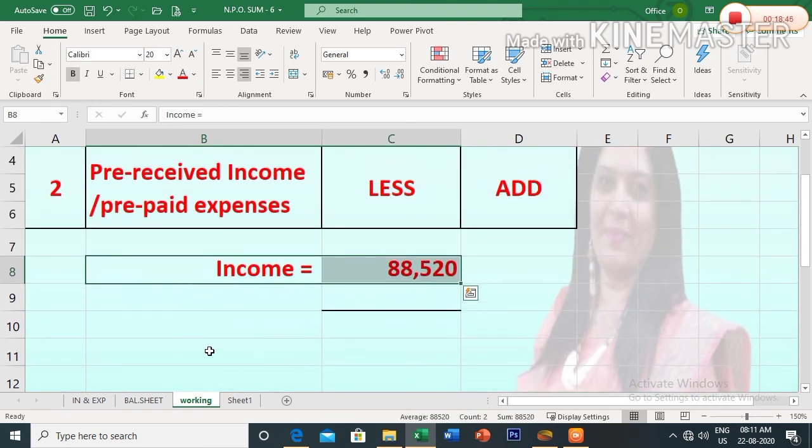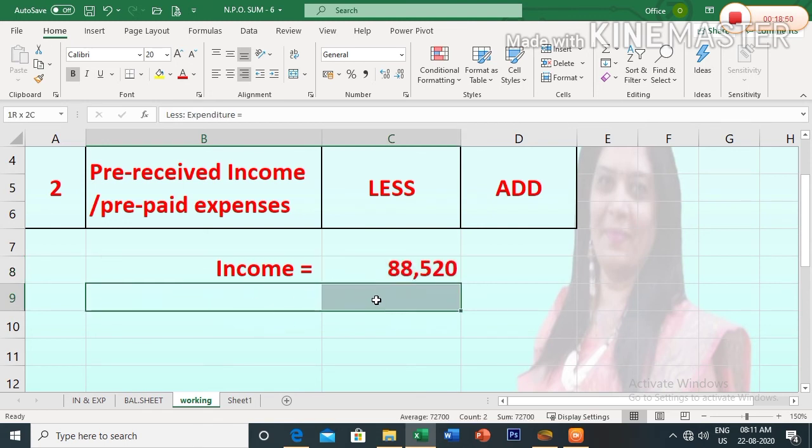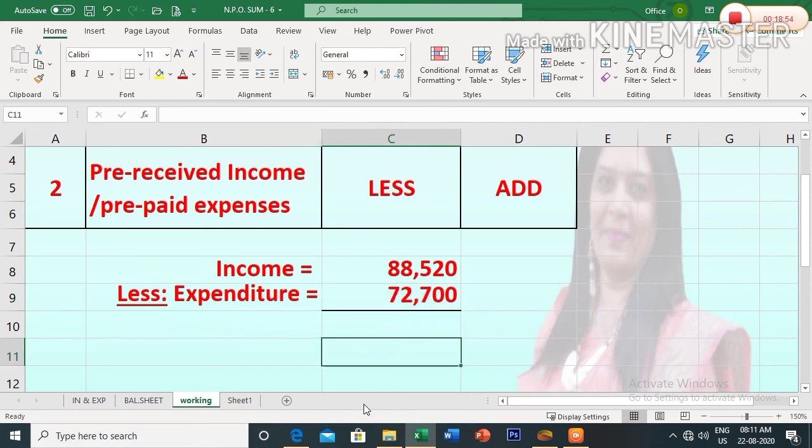The total income side is 88,520 while the expenditure side is 72,700. So the surplus is 15,820.